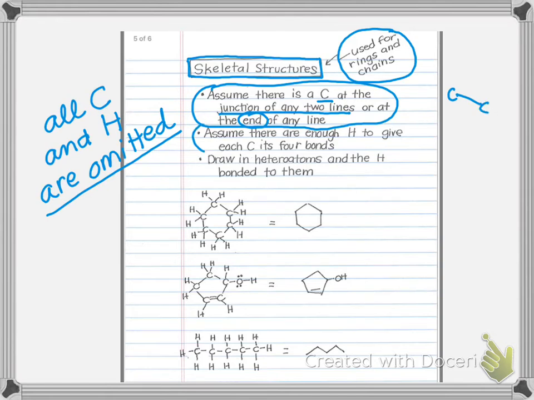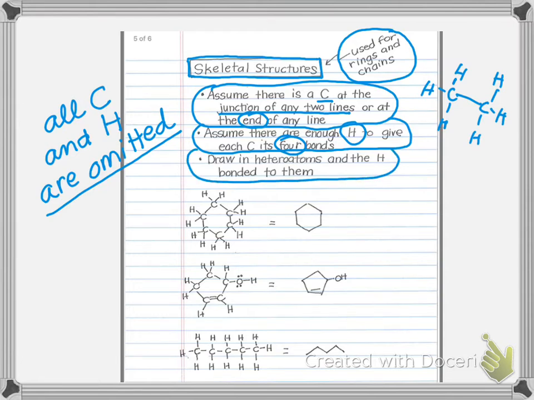Now, for each line, not only are there carbons, we have enough hydrogens to make carbon have 4 bonds. So in this example, I would also have to understand that there were 3 hydrogens for each one of the carbons to make each carbon have 4 bonds. Now, carbons and hydrogens are omitted, but the heteroatoms and all of their hydrogens are going to be drawn.